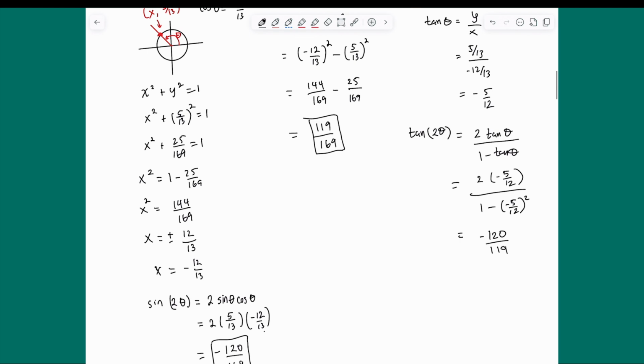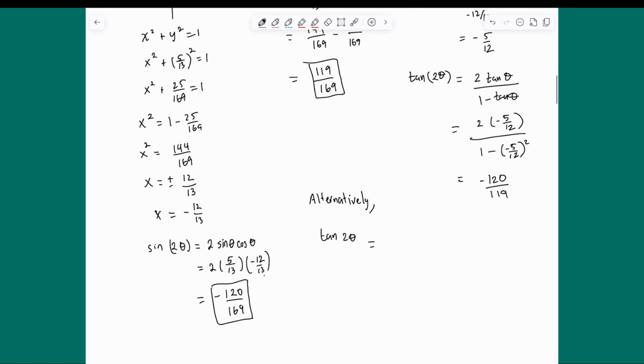Alternatively, we could have done this a little bit quicker by using tangent of 2 theta. It's the same thing as sine of 2 theta over cosine of 2 theta. And we just did those calculations, right?